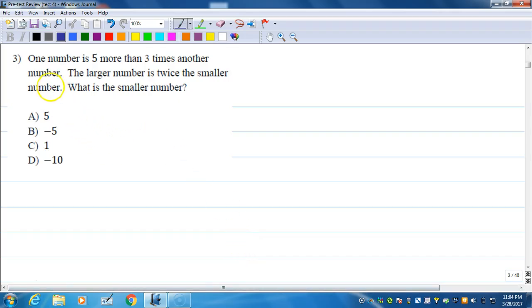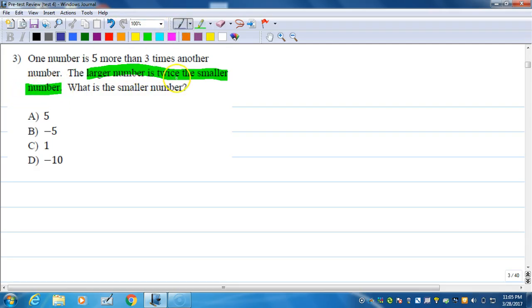Alright, so number 3. One number is 5 more than 3 times another number. The large number is twice the small number. What is the small number? What in the world are they talking about? First, I want to go with this one.